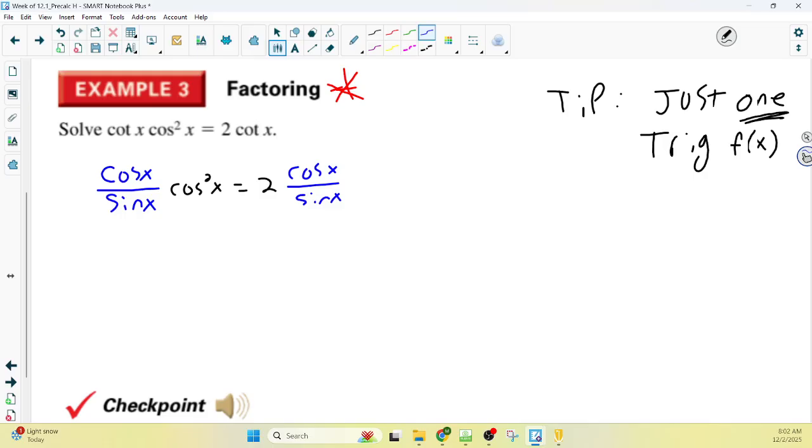So let's deal with this now. I guess what I'll do is move everything to one side. So I have cosine cubed over sine, minus 2, I guess I'll put the 2 on the top, cosine of x over sine of x.